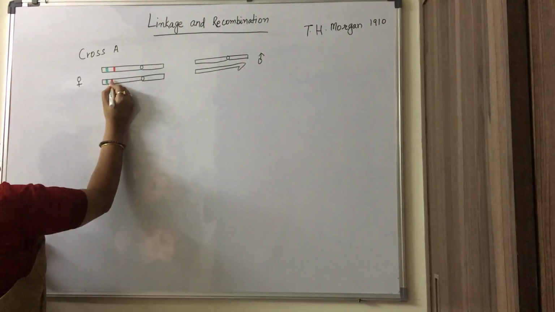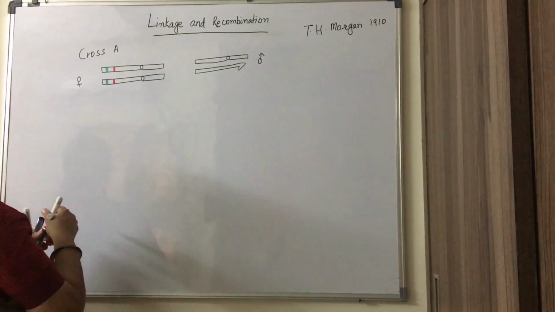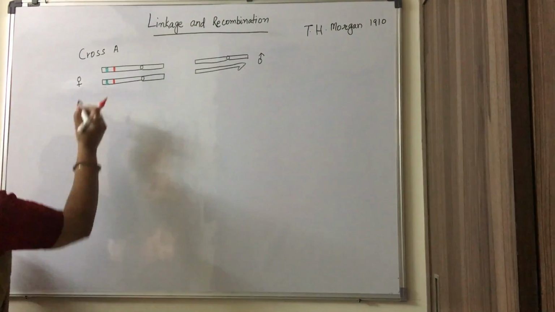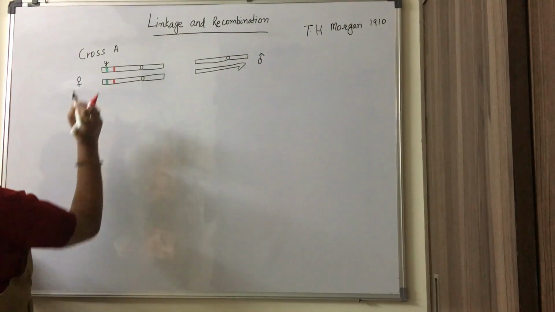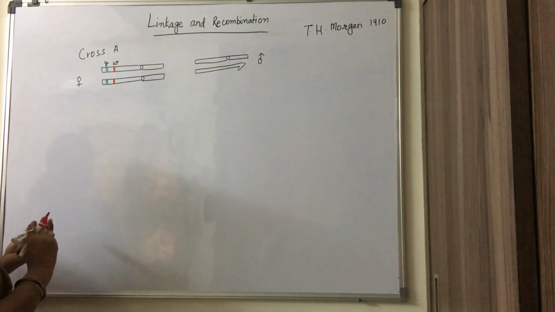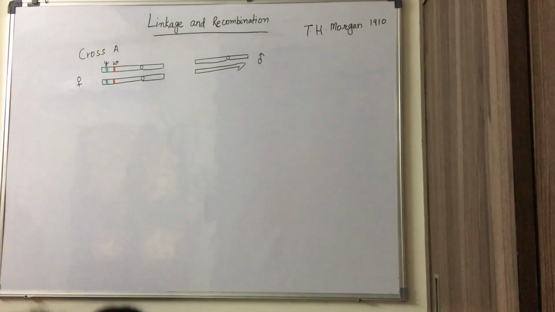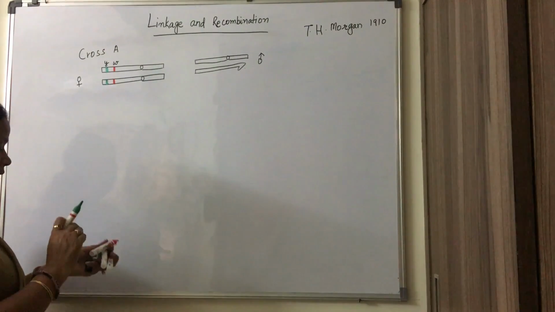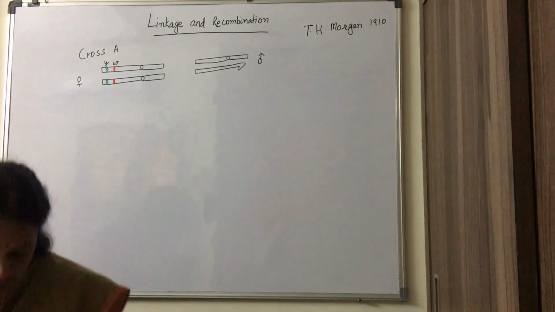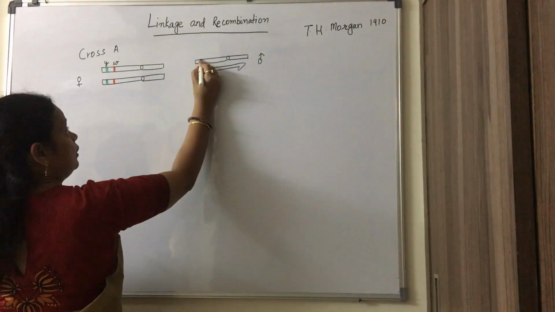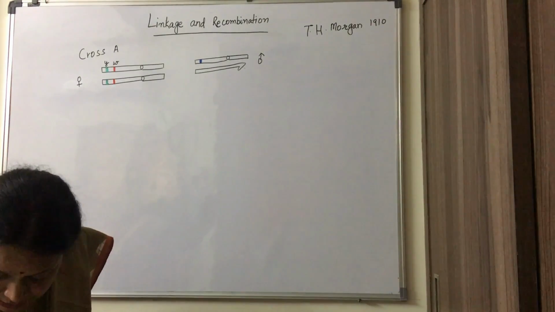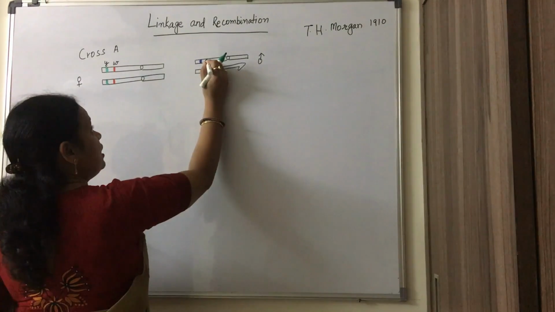If I have to label it, I can label this as Y, yellow bodied, and W, white eyed. Now I cross this with brown bodied and red eyed.